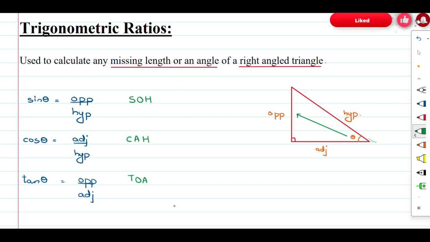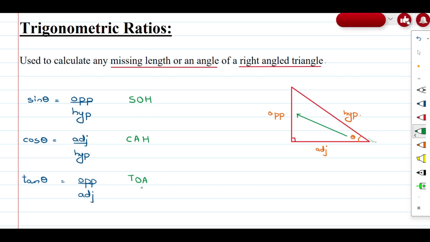Now, these three basic formulas you need to remember. Sine theta is equal to opposite over hypotenuse. Cos theta is equal to adjacent over hypotenuse. Tangent theta is equal to opposite over adjacent. This is basically SOHCAHTOA.